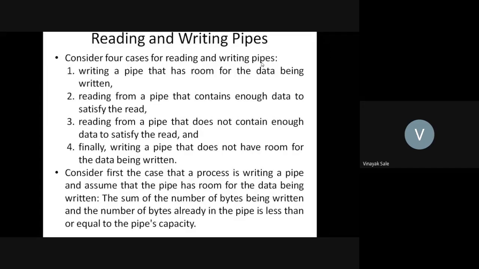So in these four cases, the first two satisfy their conditions. The first condition, writing to a pipe, assumes that the pipe has room for the data being written. That is, the sum of the number of bytes being written and the number of bytes already in the pipe is less than or equal to the pipe's capacity. So the number of blocks or rooms in the pipe is more than the data to be written.